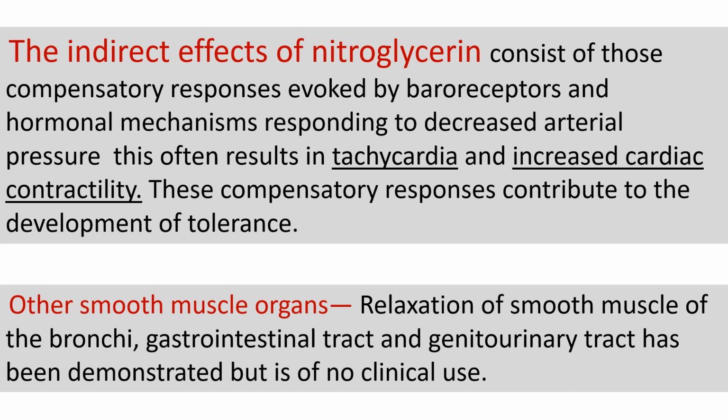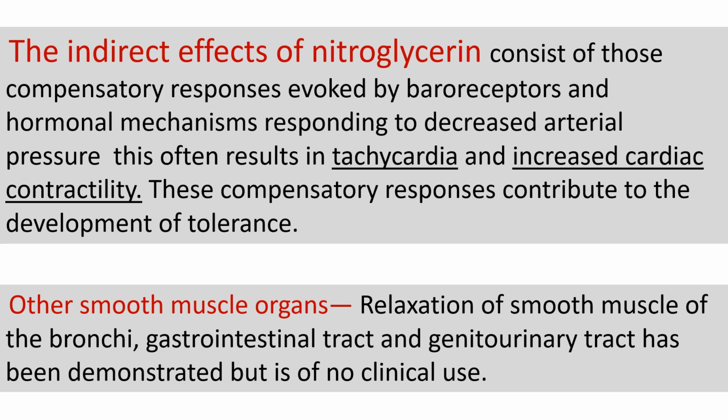Now there are a few indirect effects of nitroglycerin, and what are those? These are compensatory mechanisms which are being evoked or stimulated by baroreceptors and hormonal mechanisms, and they lead to tachycardia and increased cardiac contractility.